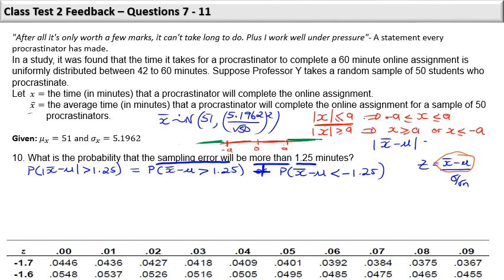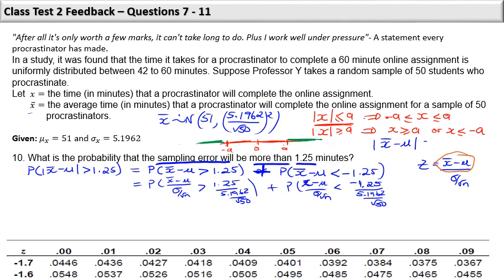So to get our z, it's the probability that x bar minus mu over sigma over root n is greater than 1.25 all over 5.1962 over root 50, or x bar minus mu all over sigma over root n is less than negative 1.25 all over 5.1962 over root 50.